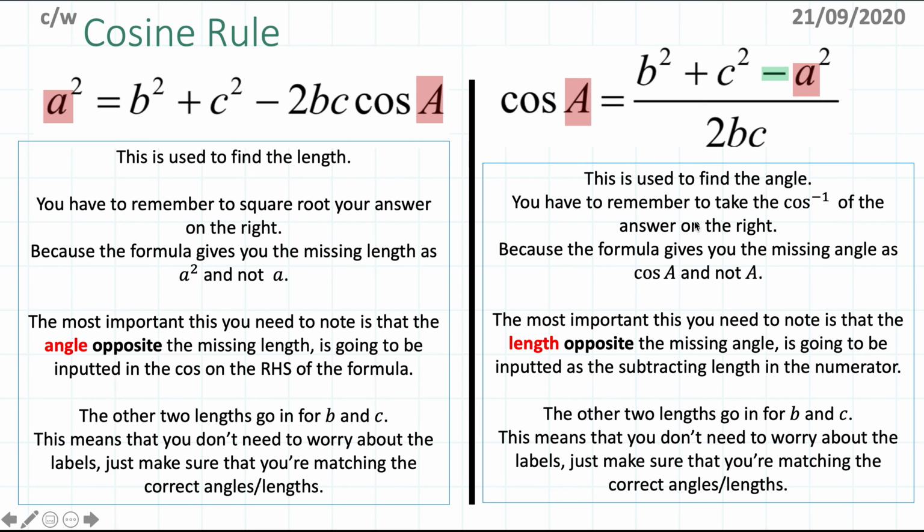So kind of similar to the sine rule. And again, note that the length opposite the missing angle is what you need to find. And the same thing, it doesn't matter which B and C you pick, as long as obviously they're correct lengths, but it doesn't matter which order you select B and C.